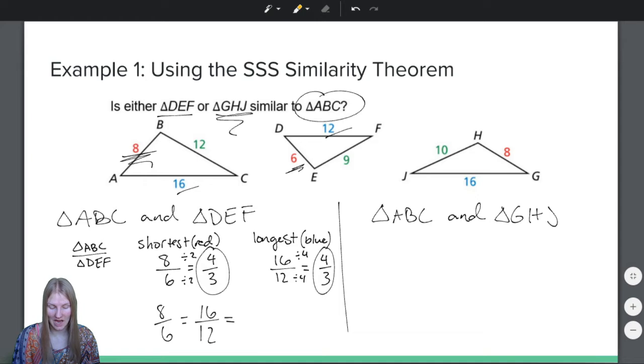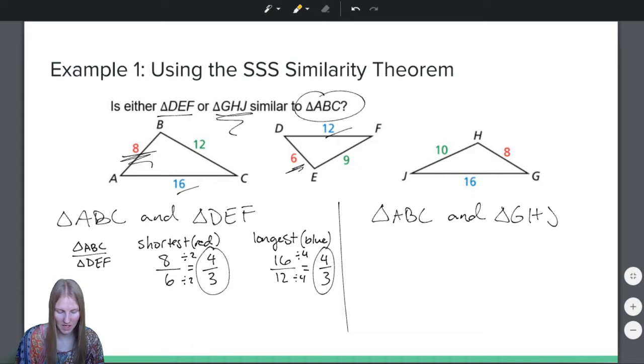We just need the last set of sides to also be an equivalent fraction, and then we will know that all of the sides are proportional. So now we're going to look at the other sides. We're going to look at the medium sides, which are the green sides.